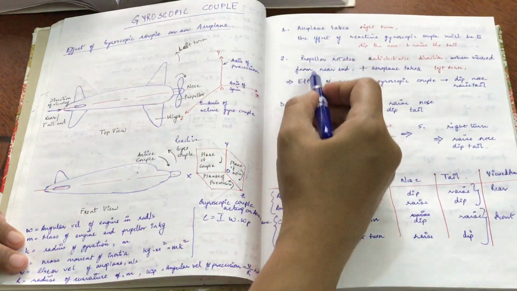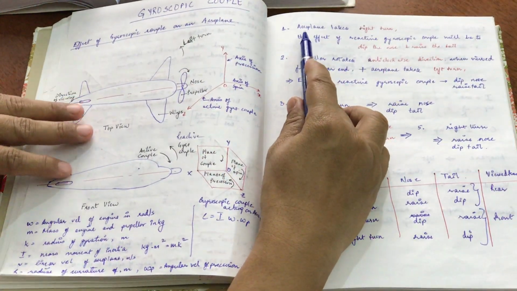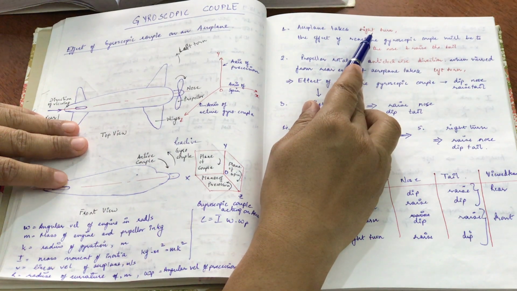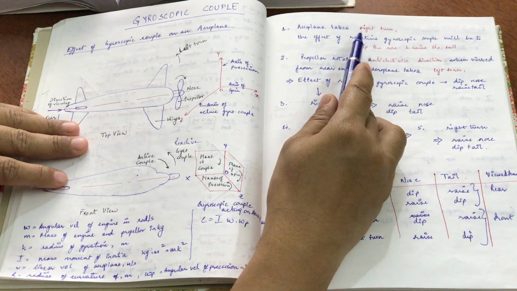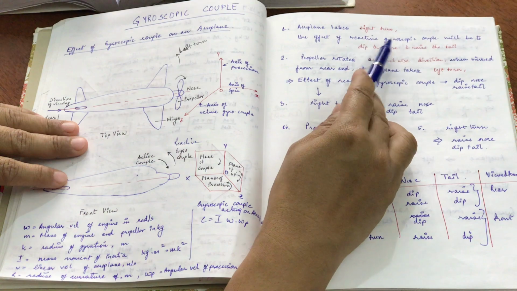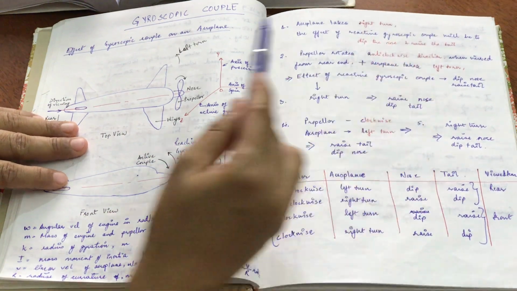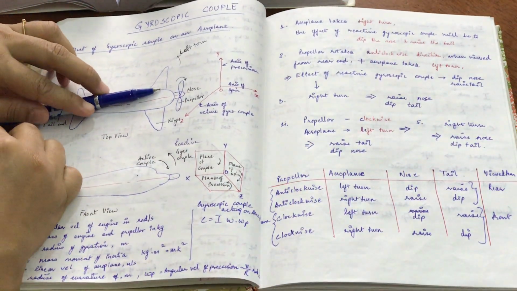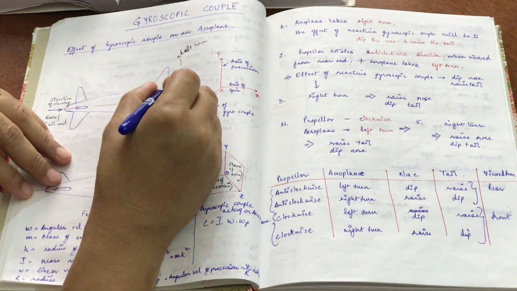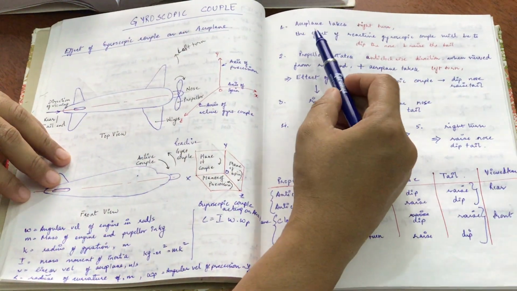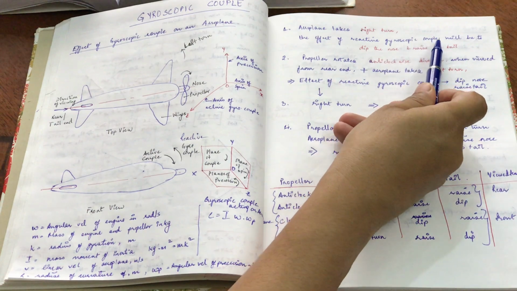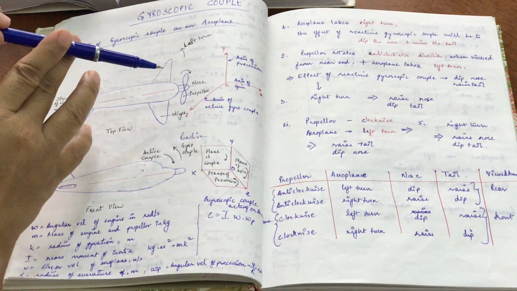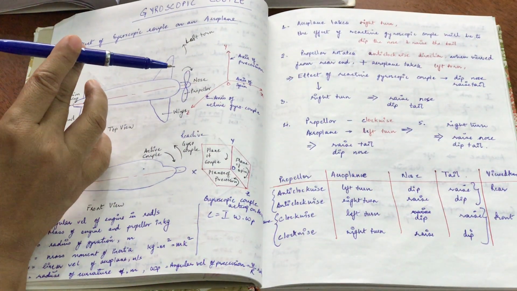There are a few concepts that we need to understand here. If the plane takes a right turn, the effect of the reactive gyroscopic couple will be, in this scenario where the nose is rotating in the clockwise direction, to dip the nose and raise the tail.